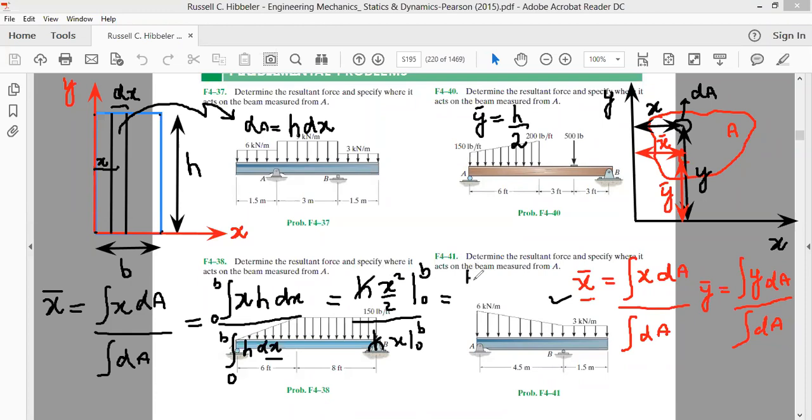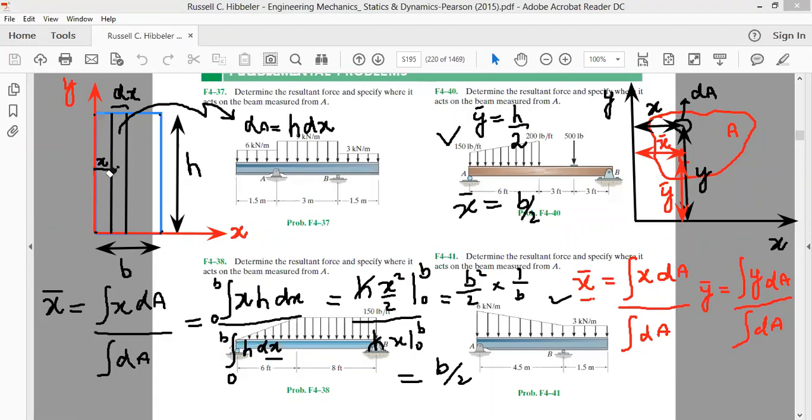This is b square by 2 multiplied by 1 by b, which is equal to b by 2. So it means the x coordinate of the centroid of the rectangle is b by 2. The y coordinate of the centroid is h by 2.